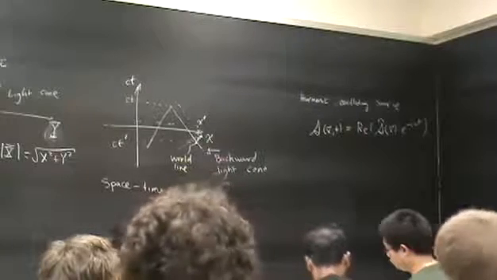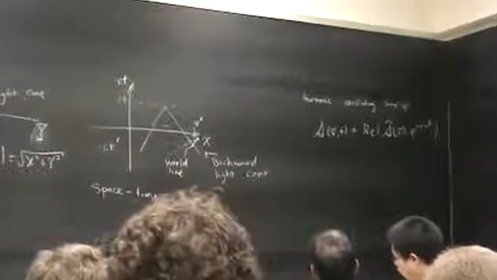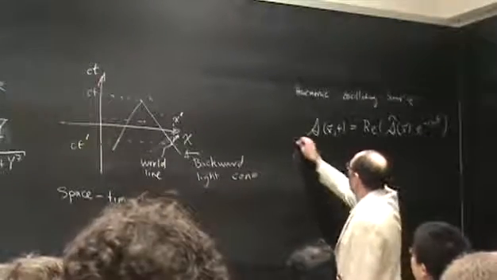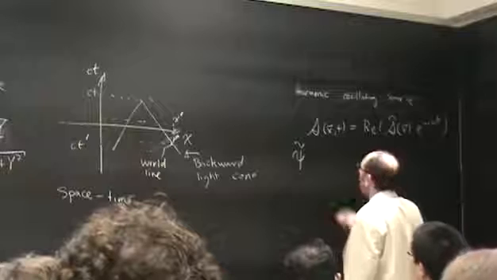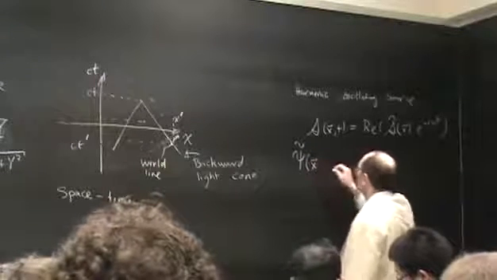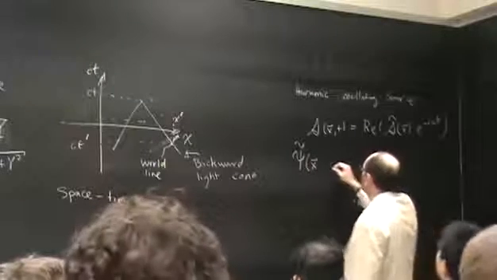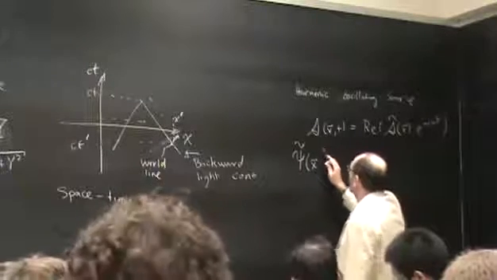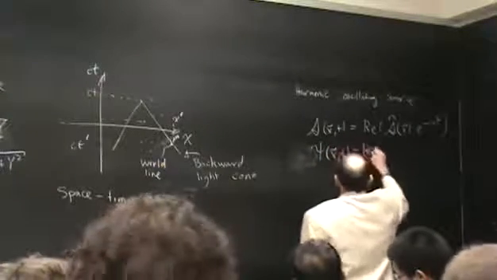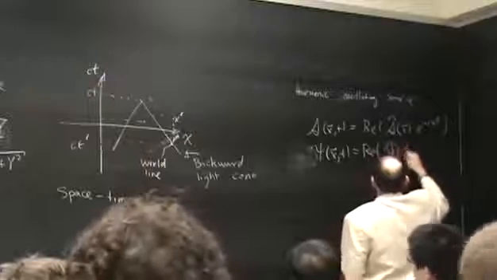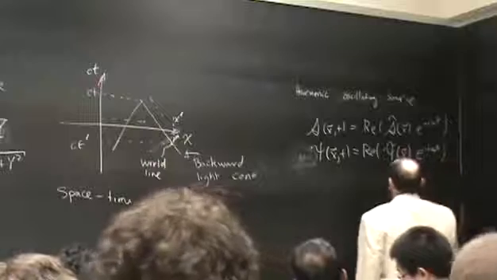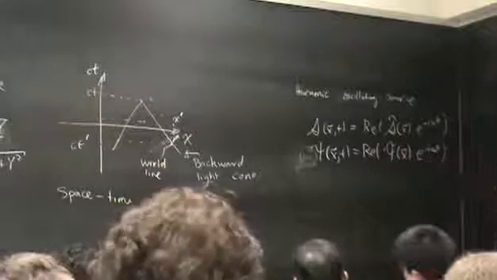So it has some fixed frequency. Then the complex amplitude of the wave that I see will oscillate at that frequency, at the frequency of the source.